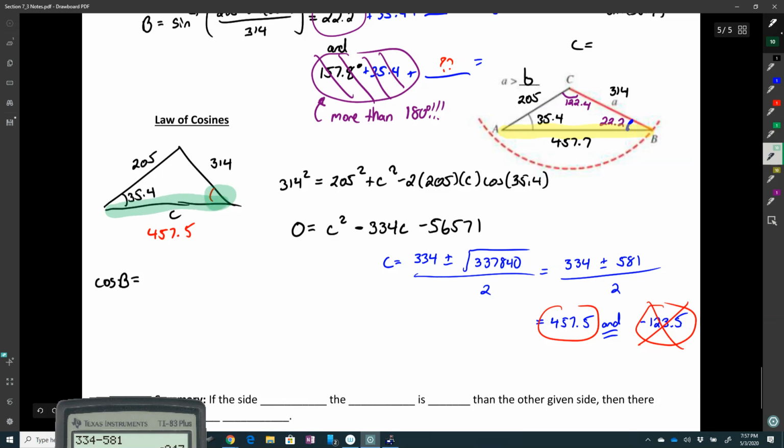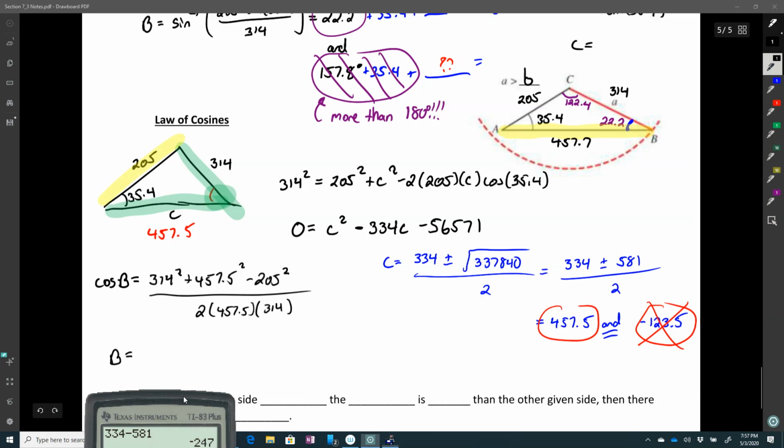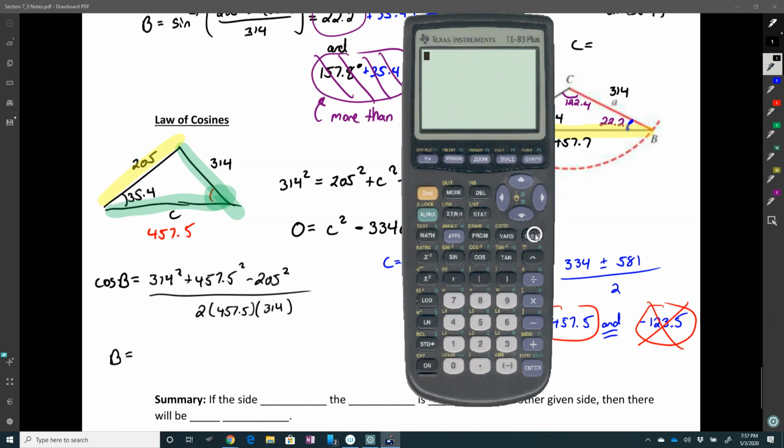These are the two sides, and here's the opposite side. So cosine of b is equal to 314 squared plus 457.5 squared minus 205 squared, all divided by 2 times 457.5 times 314. And so b is going to be equal to the inverse cosine of that.